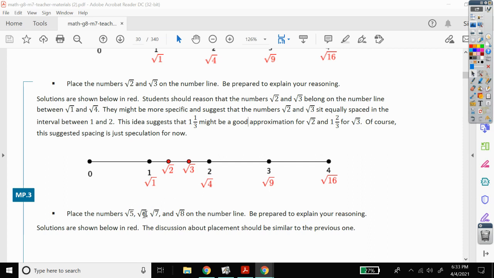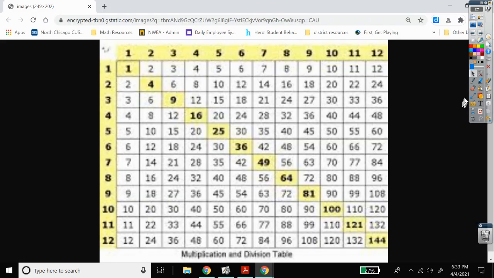So can you guess where the square root of 5, 6, 7, and 8 would be? Look at our number line. The square root of 4 is 2, and the square root of 9 is 3.